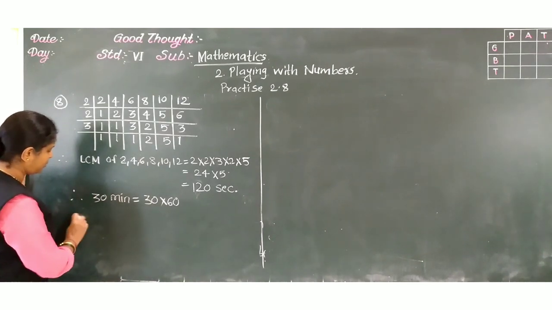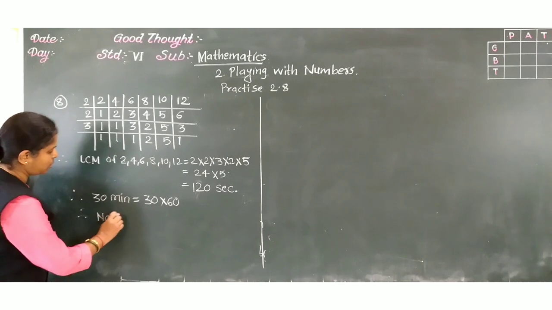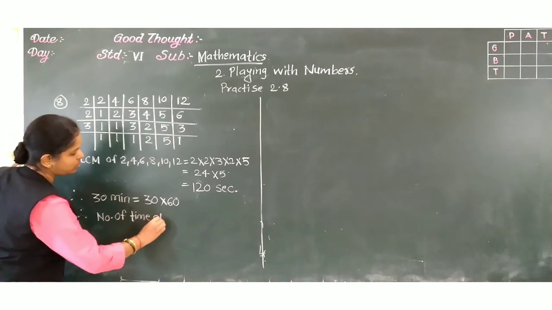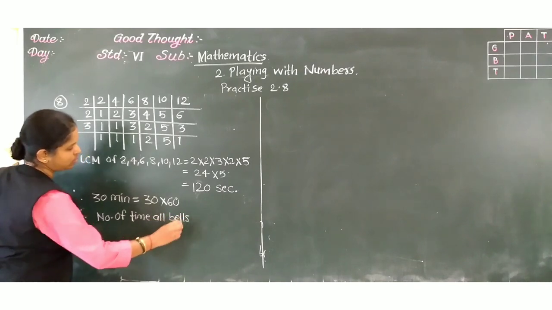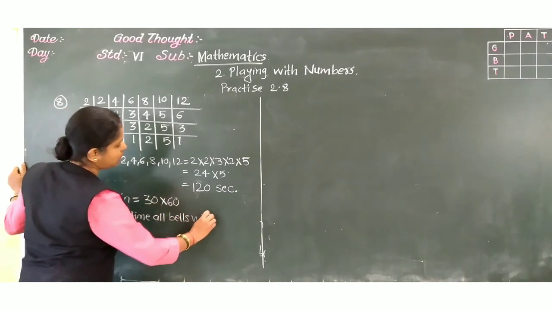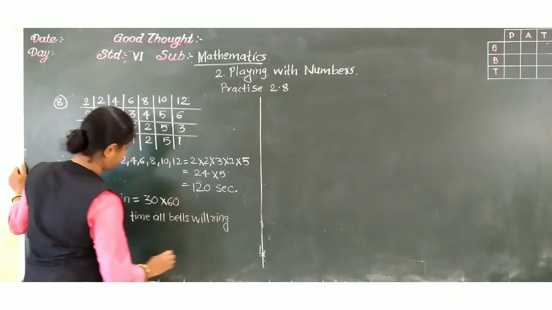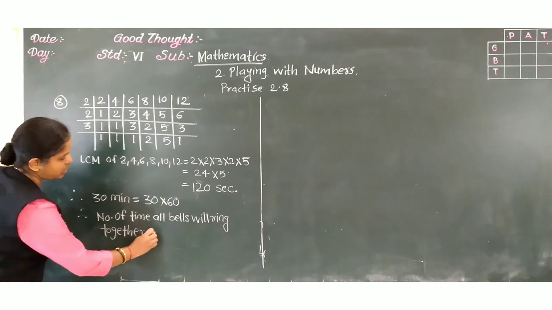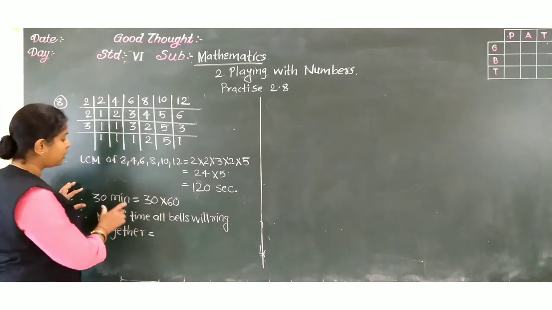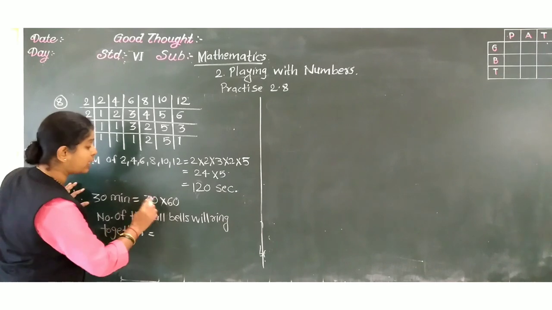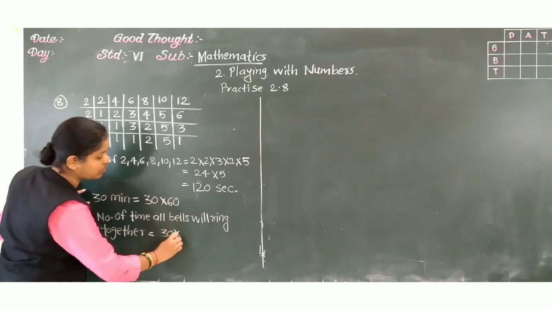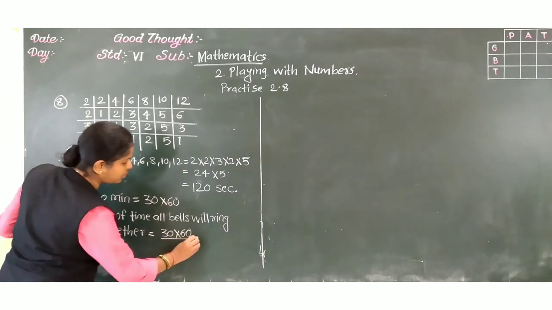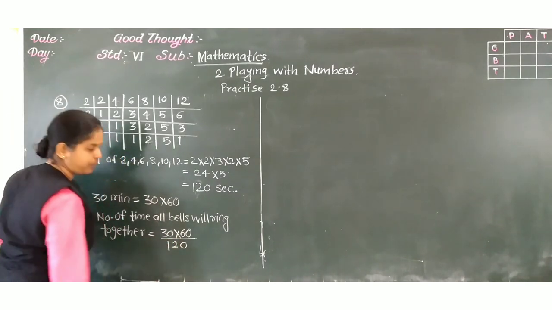Therefore, the number of times all bells will ring together is 30 into 60 seconds divided by 120.